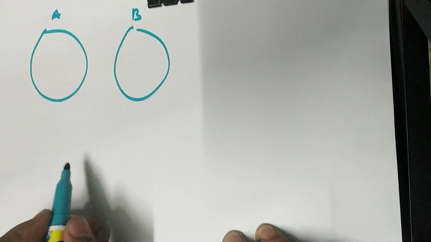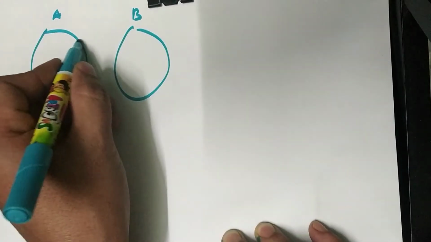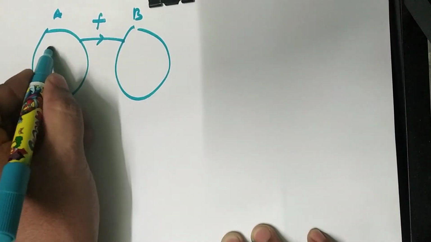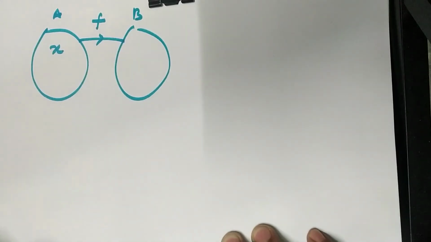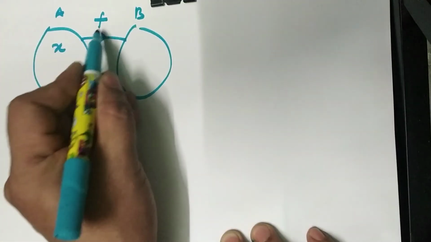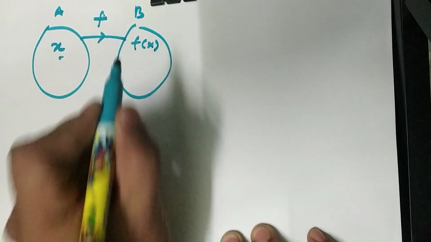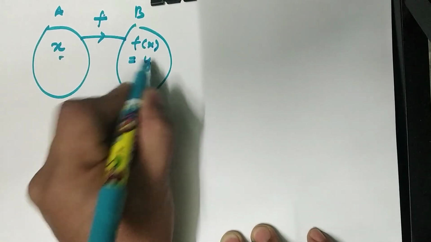Now let us illustrate this also with the help of an arrow diagram. Say this is set A, this is set B. f is a mapping from A to B. Let x be any arbitrary element in set A. Now, the function f will take x to f of x in B. Let us assume this f of x equals y.